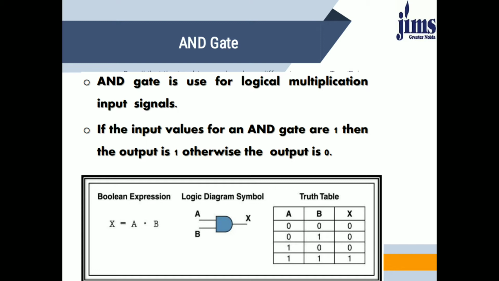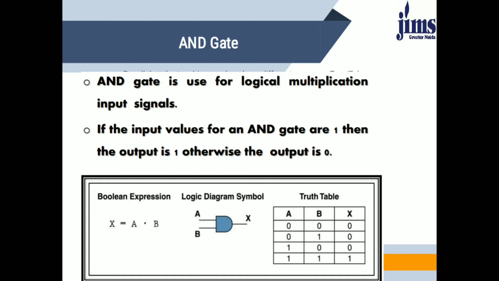Here a truth table is made for your reference. I am taking a 2-input AND gate, so A and B. Because of 2 inputs, how many possible combinations will there be? 2 raised to power 2. So 0 0, 0 1, 1 0, 1 1. That means a total of 4 combinations. Whenever a single 0 is present, the output will be 0.